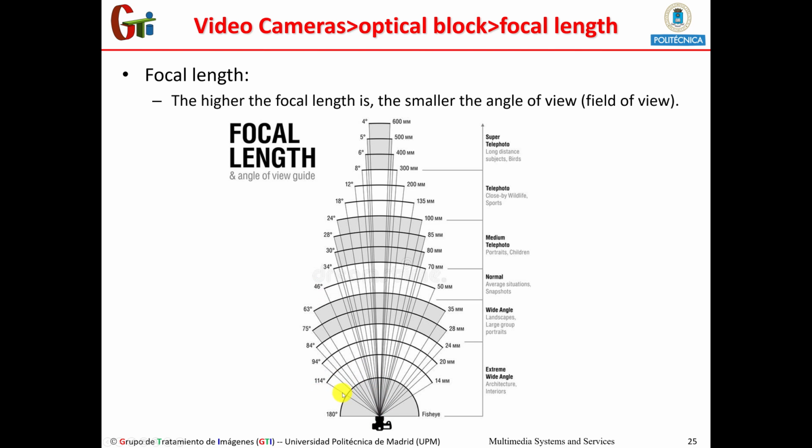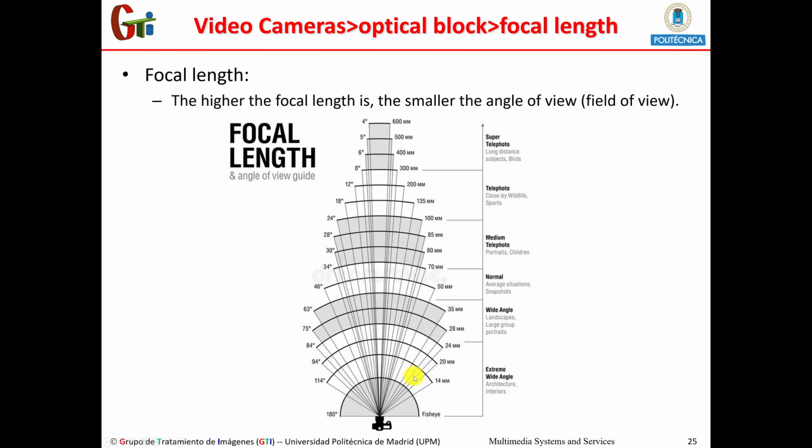If we have to cover a wide angle, a wide portion of the scene, you have to distribute all the pixel elements of your sensor over all that angle of view, and then consequently you have less definition.